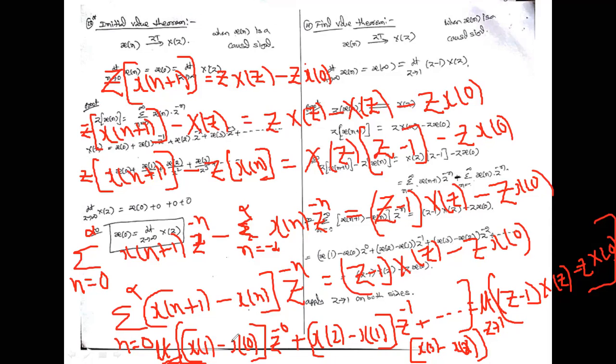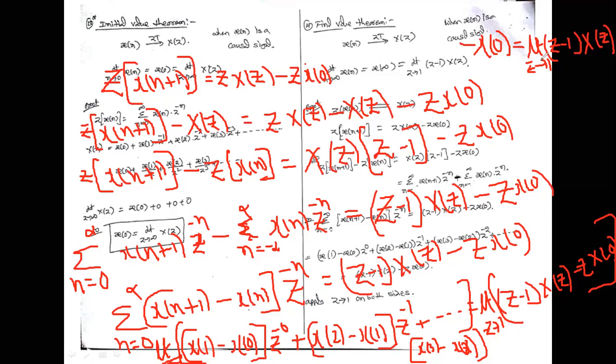What it matters, students? X of 0 is the value, and in the right hand side also x of 0, that too minus, is equal to, in the right hand side, limit z tends to 1, z minus 1 x of z.